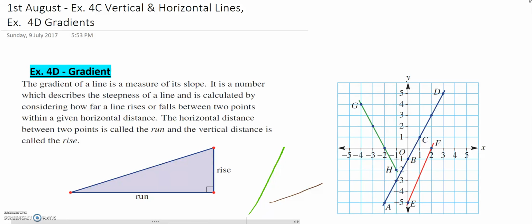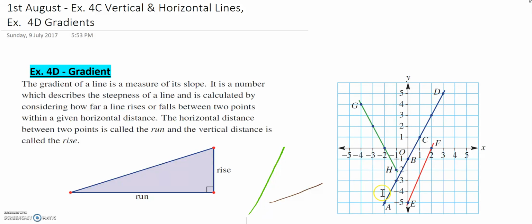So there's a rule to find out the gradient of a line. Just like anything in maths, there's always a rule, and the rule also describes the relationship. Now, if we have a look at this triangle over there, if I draw any line, take for instance, imagine that you are going from point A to point D. You can go straight up that line.